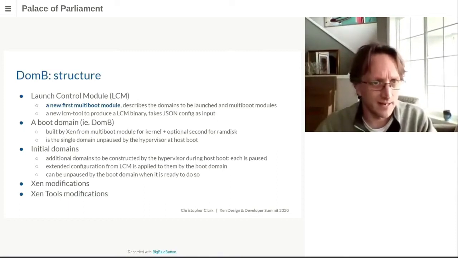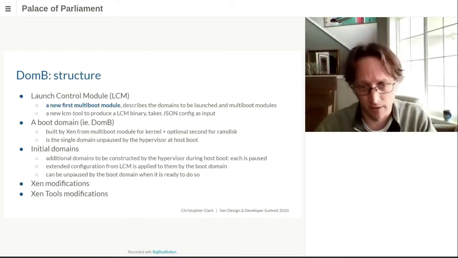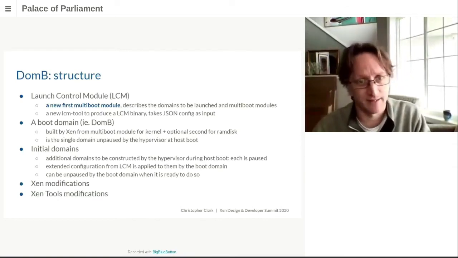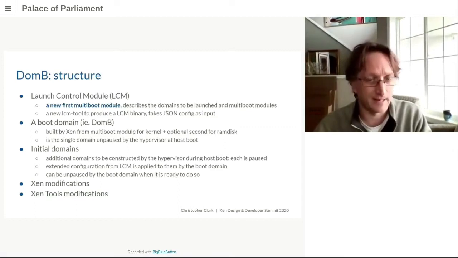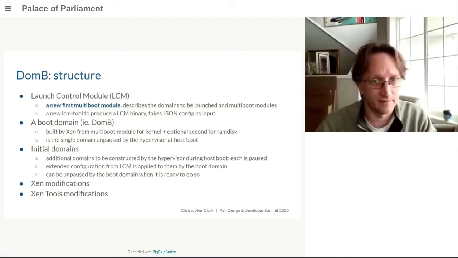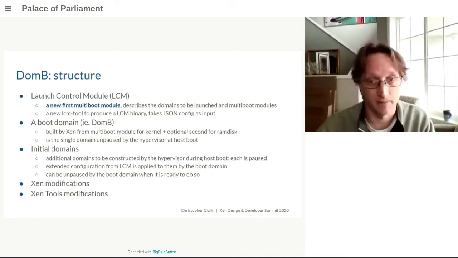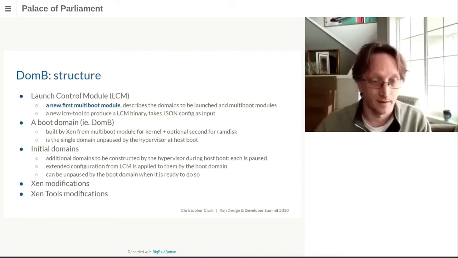So the next component is the boot domain. You'll provide a kernel and optionally a RAM disk, and this is the single domain that is unpaused by the hypervisor at boot. It effectively replaces Dom0. It does not have the privilege capabilities of Dom0.